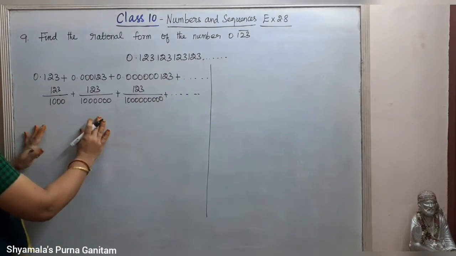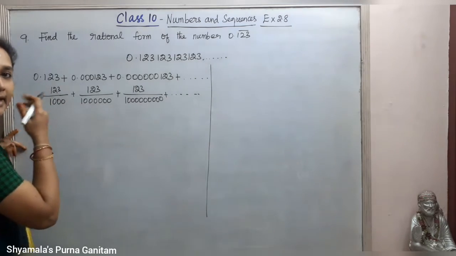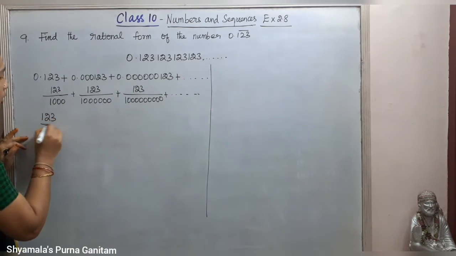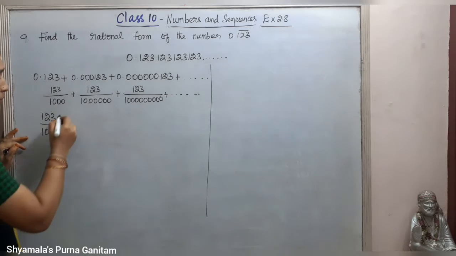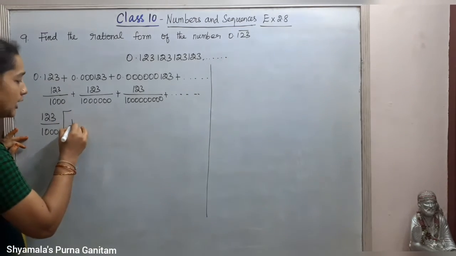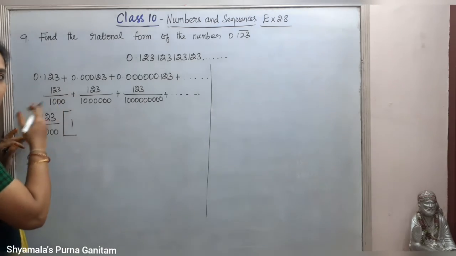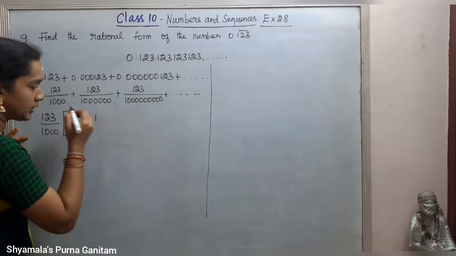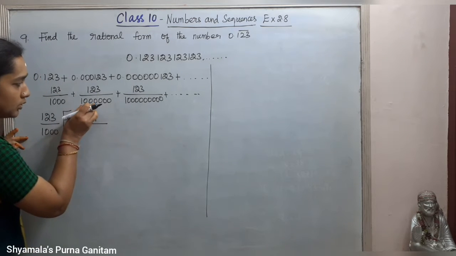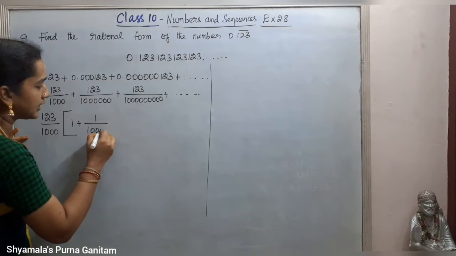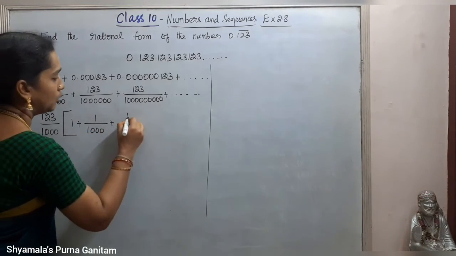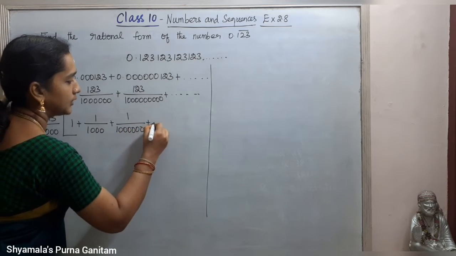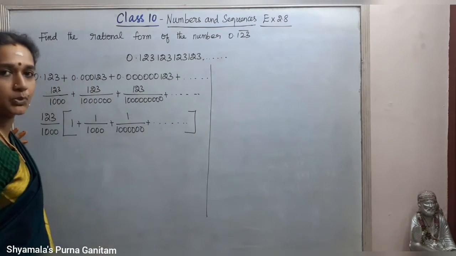In all the terms I am going to take 123 by 1000 as common. The remaining terms will be 1 plus, since 123 by 1000 is taken out, 1 by 1000 in the next term, plus 1 by 1 followed by 6 zeros, and so on.